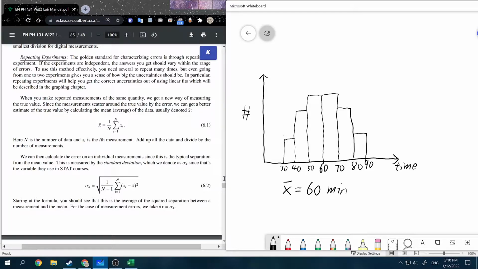If you do that for every student, square it, sum it up, divide by the total number of students minus 1, and take the square root, you get the error, which is also called the standard deviation. There are different ways of writing this; I can write it this way or like that. But I'm just going to tell you that my standard deviation, let's just say it's 10 minutes.